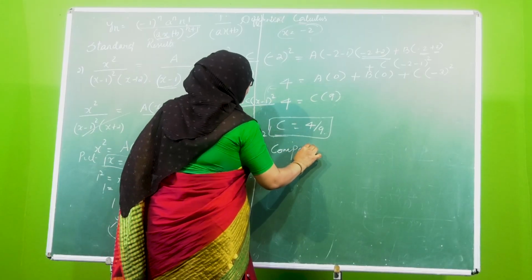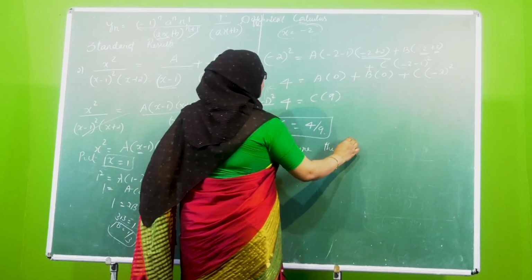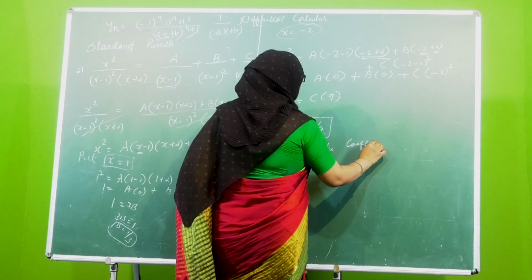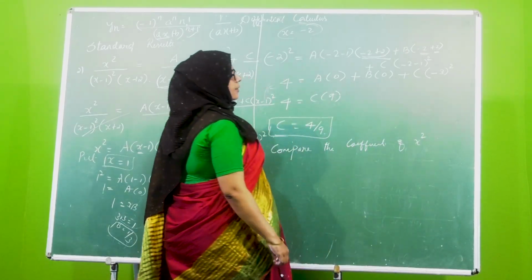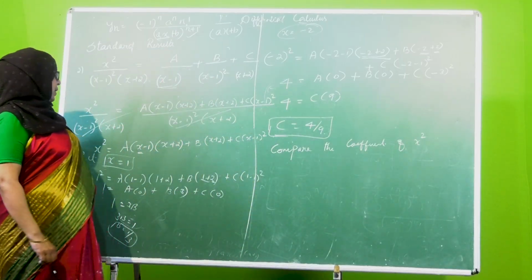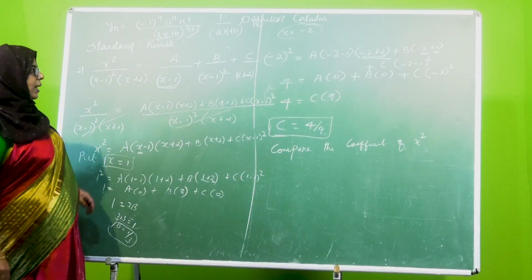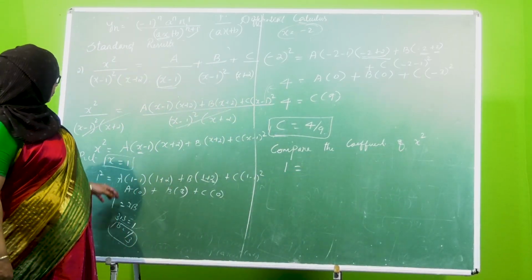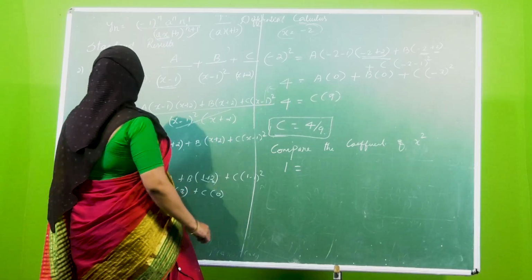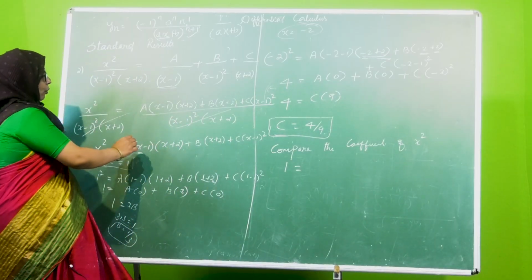The coefficient of x square on the left side is 1, so 1 is equal to, we have to multiply this.